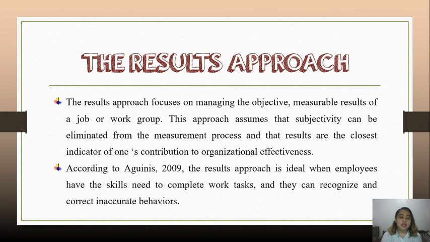They can recognize and correct inaccurate behaviors. So this approach is a simple and straightforward concept wherein the organization rates the employees on the basis of performance results. The result approach focuses only on the end result of employees' actions. For example, the mistakes made by the employee or the sales per month of the employee.